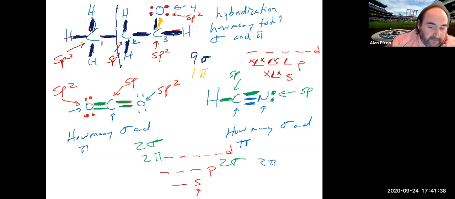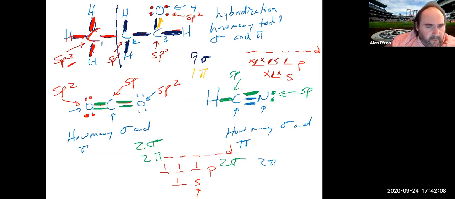For example, with this carbon, we figure out the total electron pairs: 1, 2, 3, and 4 electron pairs. For the hybridization, starting with s, 1, 2, 3, 4, I use 1 s orbital and 3 p orbitals, and that is how we got to the sp3 hybridization for that one.